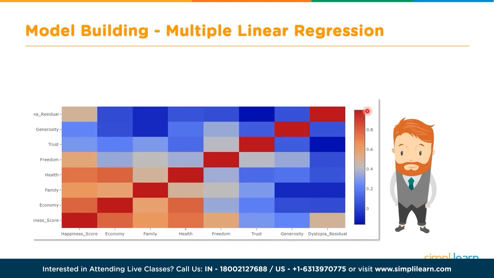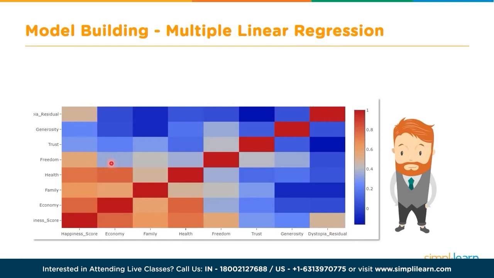So the numerical value can go from 0 to 1, and 1 here is dark red color, and from red it goes down, the dark blue color indicates pretty much no correlation. So from this heat map we see that happiness and economy and family, probably also health, are the most correlated, and then it keeps decreasing after freedom, coming to pretty much 0.